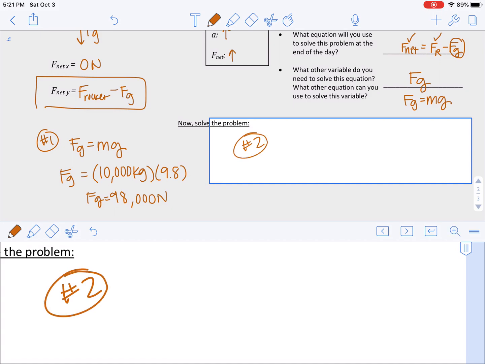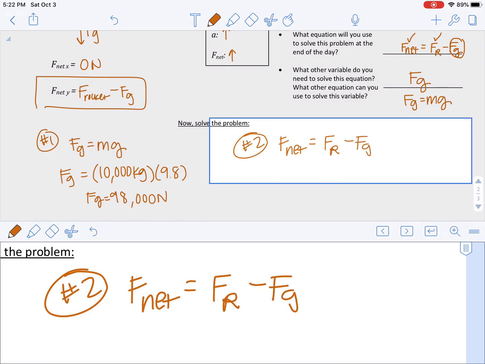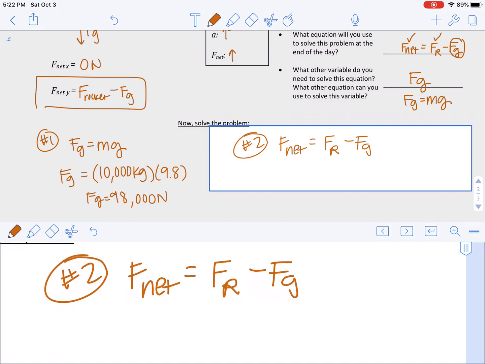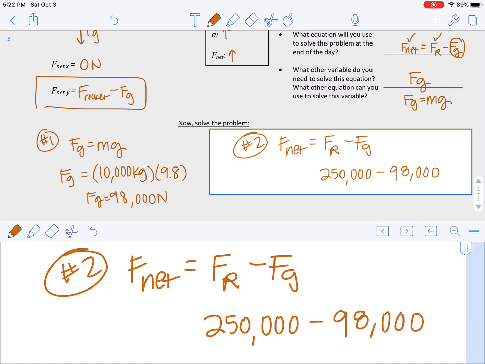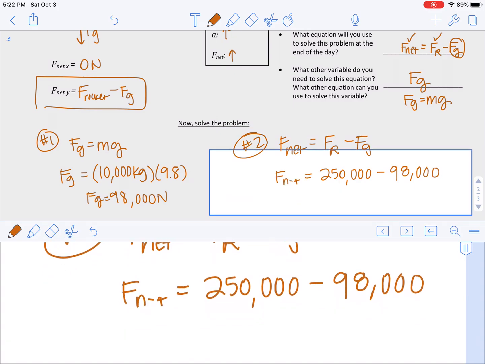And so step number 2 is going to be to use this equation that I had to create based on my FBD. So now I have my rocket force that was given to me in the problem. I just solved for my force of gravity. And so I can solve for my net force.